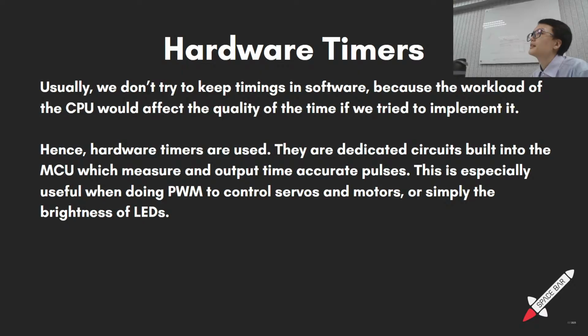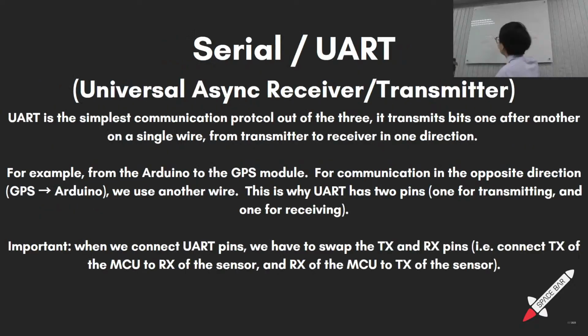So in fact, the data flows like this, and the data flows like this. That's why we call this bidirectional with two pins. And this is also why UART is called serial, because data comes in sequence.